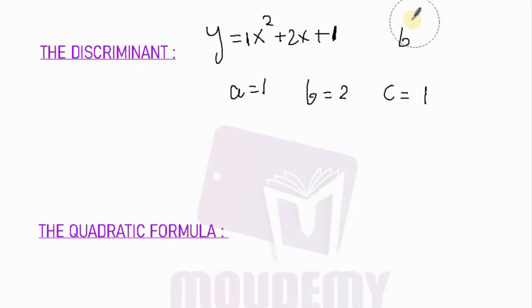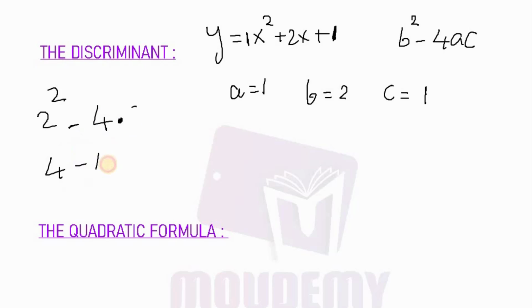Now let me write it again: b squared minus 4ac. The discriminant of this equation is b squared, which is 2 squared, minus 4 multiplied by a, which is 1, multiplied by c, which is 1. So this equals 4 minus 4, which equals 0.